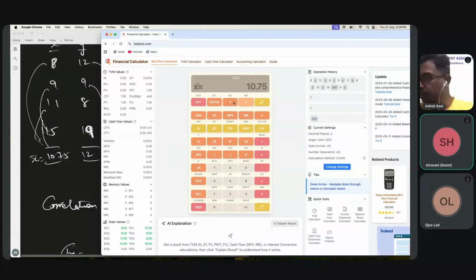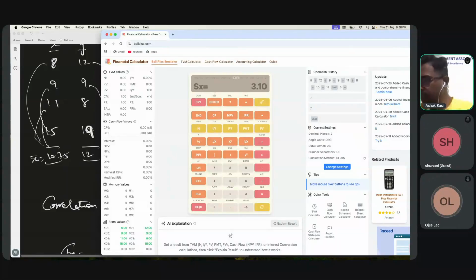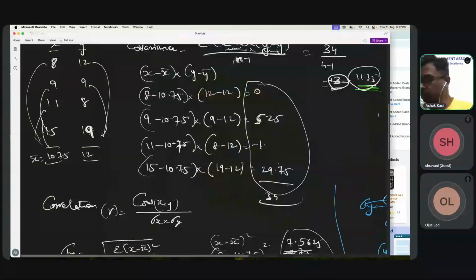Okay. So enter. Sir, the standard deviation was wrong. Sorry to interrupt. No, this is the sample standard deviation, which is 3.1. Let's see if it matches with our calculation.